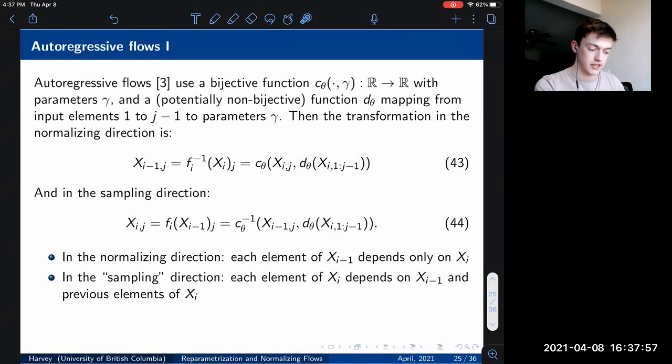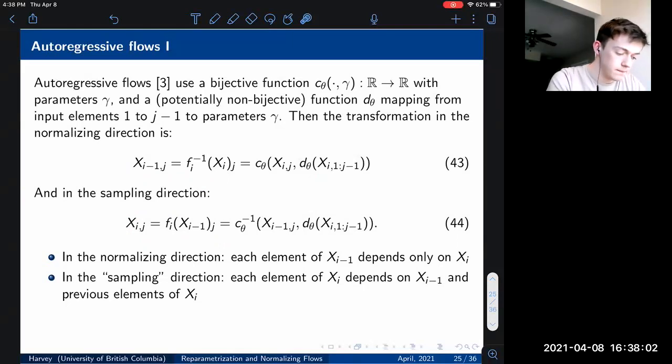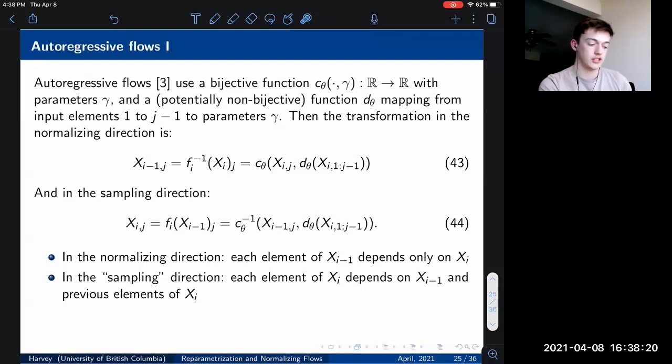If we want to get xij as a function of xi minus 1, it depends on element j of layer I minus 1, but also on elements 1 to j minus 1 of layer I. So if we want to generate all of the elements of xi, we have to do them one after the other, because we first compute xi with j equals 1, and then computing xi with j equals 2 has to depend on xi with j equals 1.